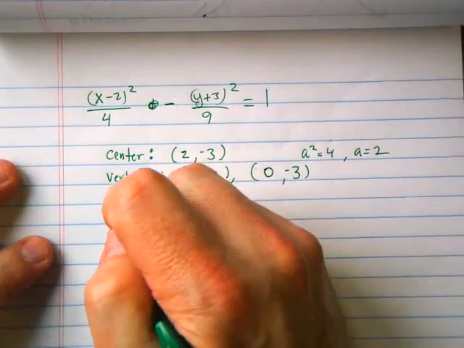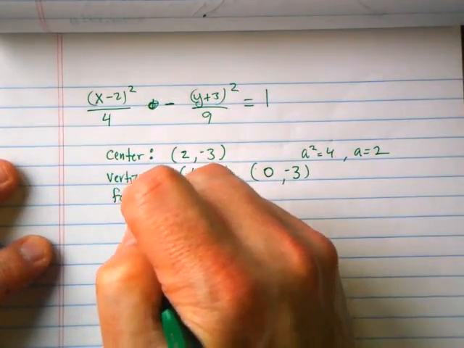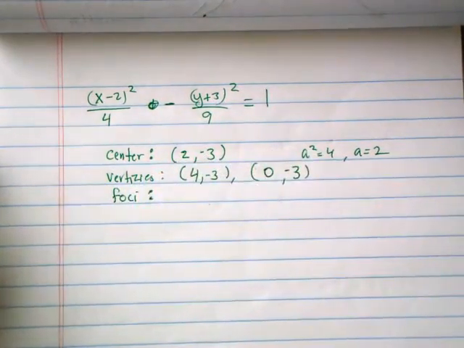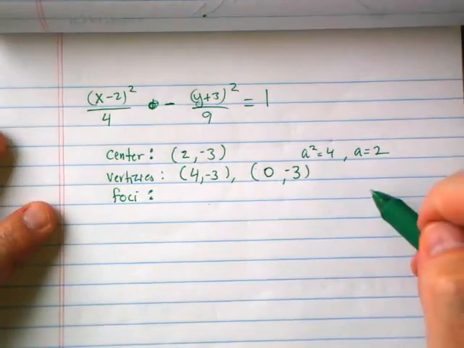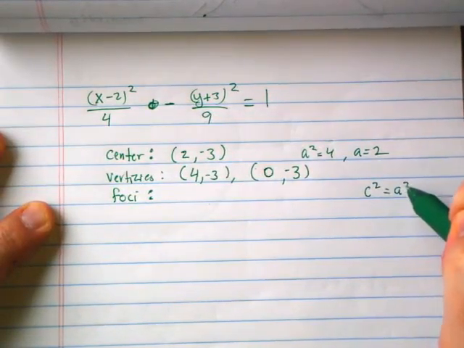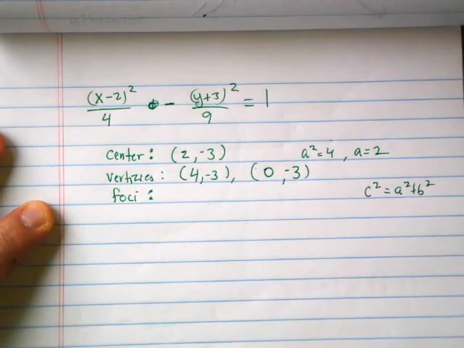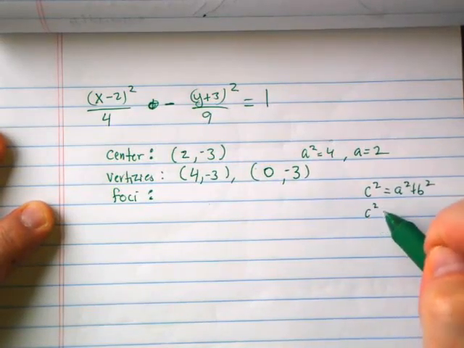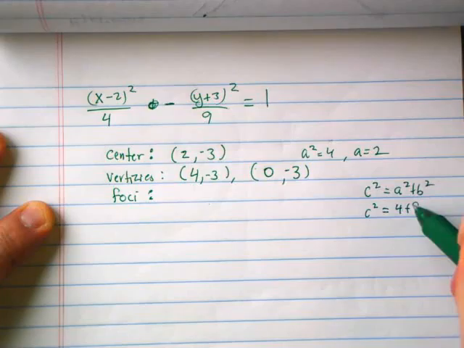All right, how about my foci? To find the foci, I need to know the C number, don't I? Do I know the C number? I can find it. How do I find the C number? C squared is A squared plus B squared. So C squared is 4 plus 9.